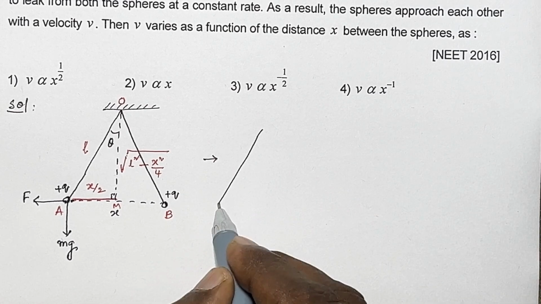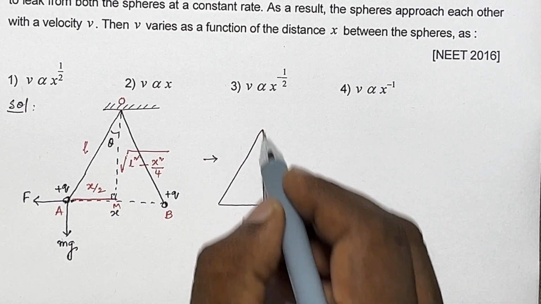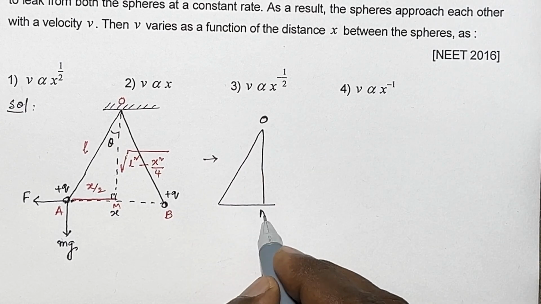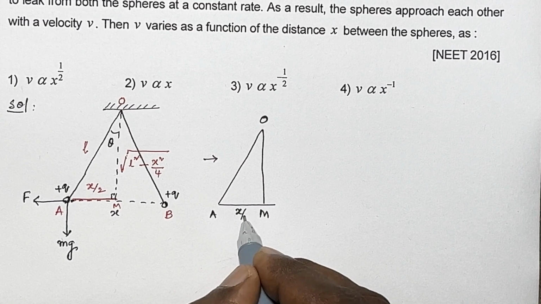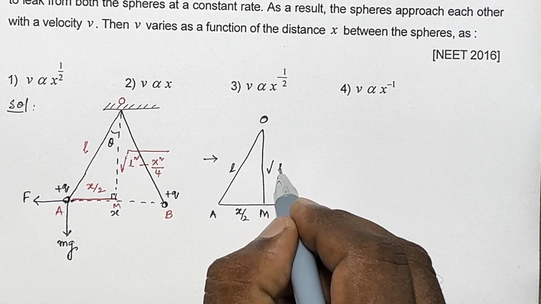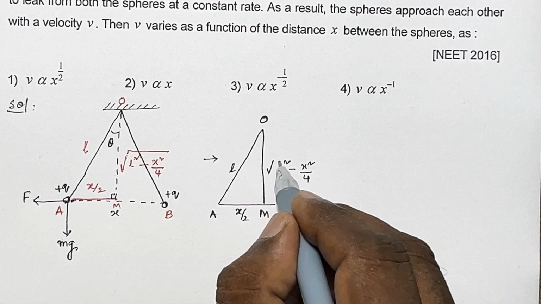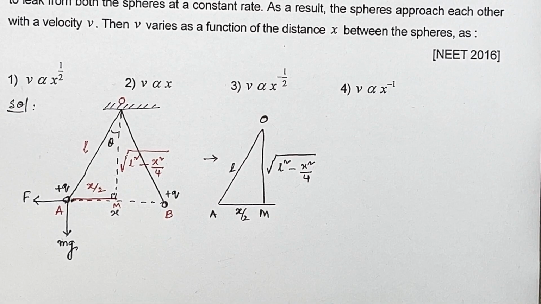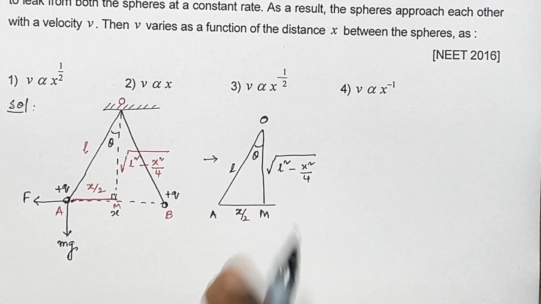The right angle triangle: this is O, this is M, this is A. This distance is x by 2, this distance is L. So obviously this is L square minus x square by 4. These are the values. This is the angle theta.